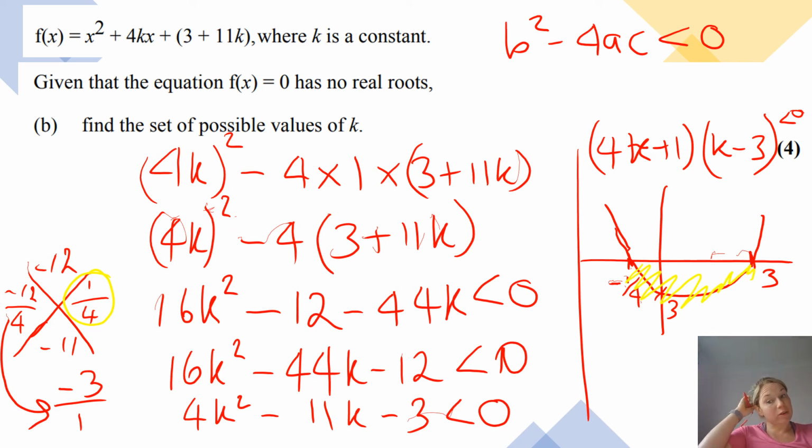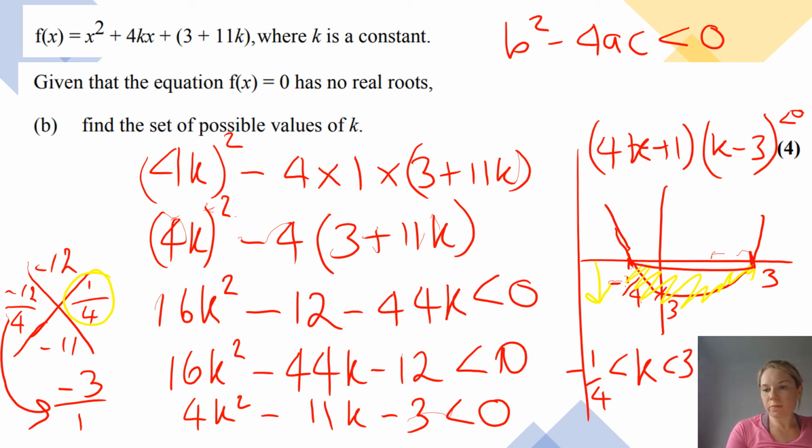It's less than 0. So if it's under this line here, basically means that k has to be greater than minus a quarter, but less than 3, because it's basically between, if you look at the x values, between these two values here, because it's only this bit here we're interested in.